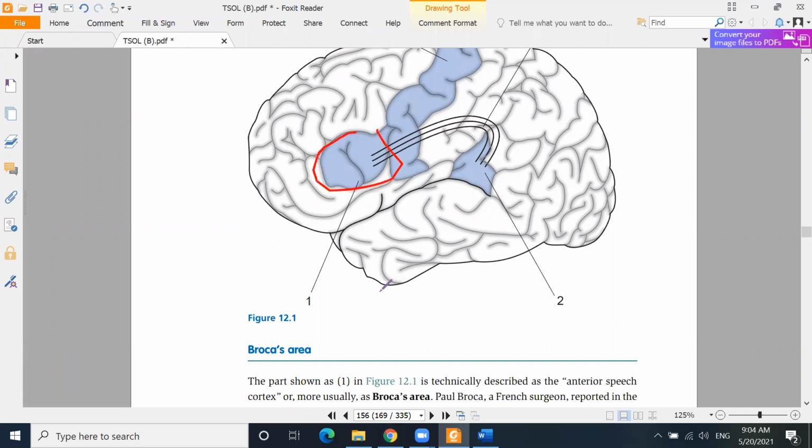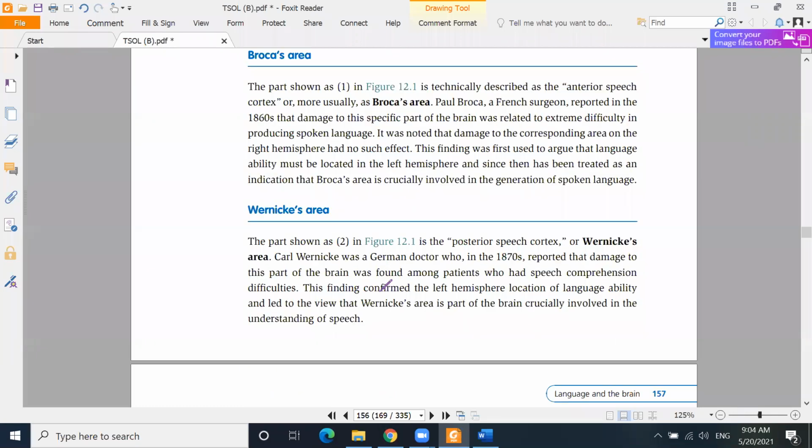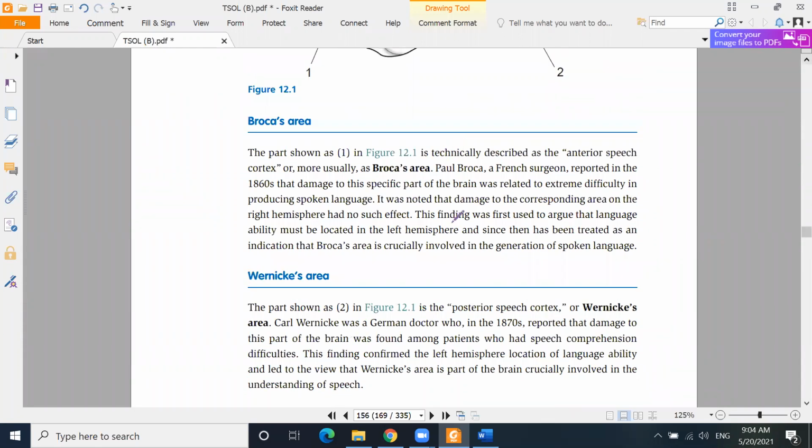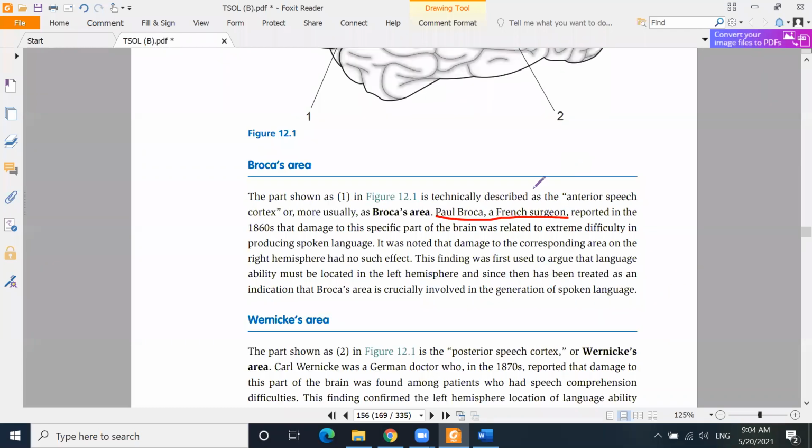Now, what is Broca's area and what is its function? By whom was it discovered? Right? It was discovered by a French surgeon whose name was Paul Broca. He was a French surgeon, a neurosurgeon, right? It was discovered by him.